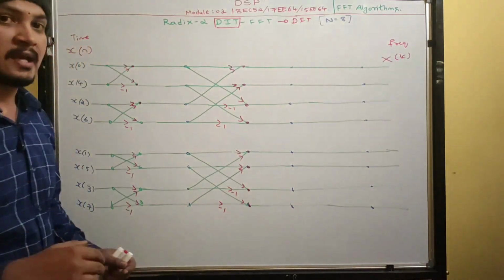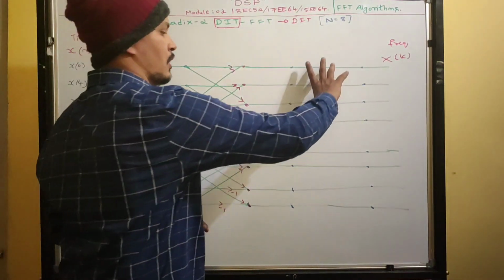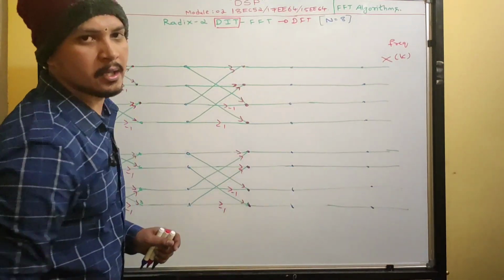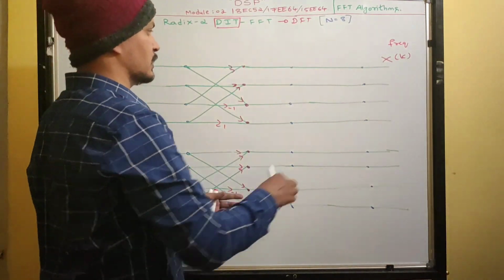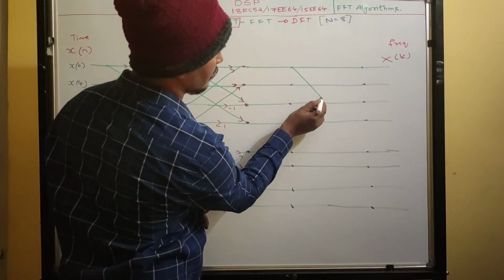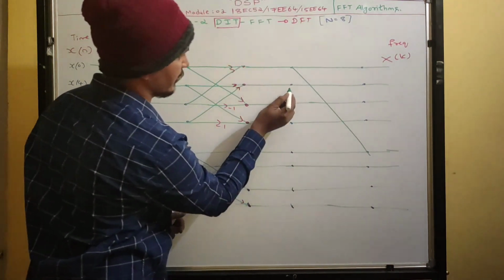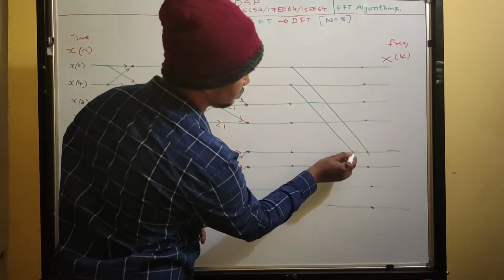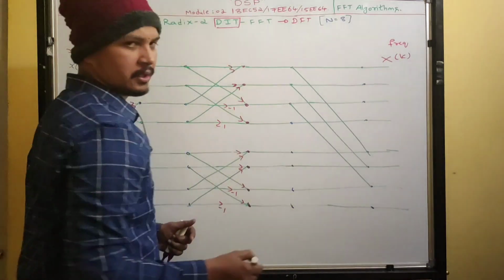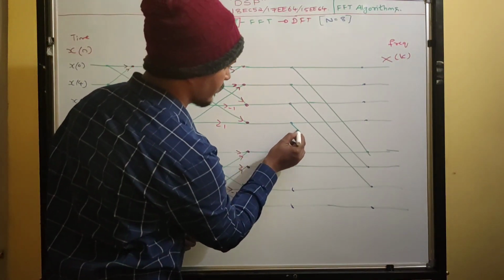Now it is 8-point DFT. So all 8 lines are going to be used. Now top 4 one group, bottom 4 another group. Now connect it from here to here. If you write only dots at the start, you can connect it accurately.